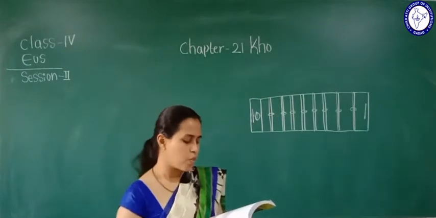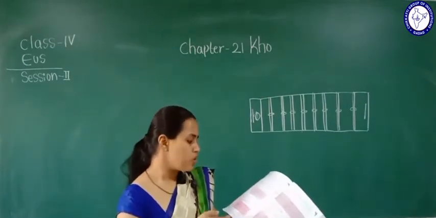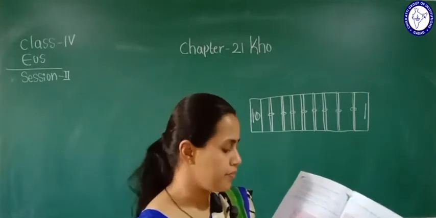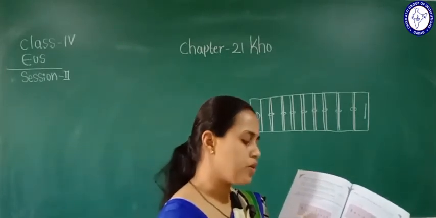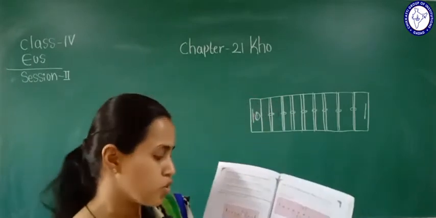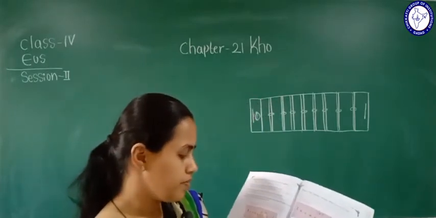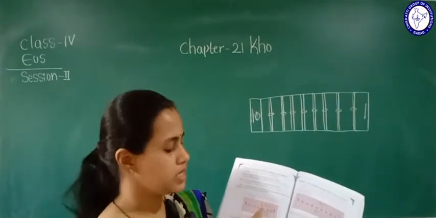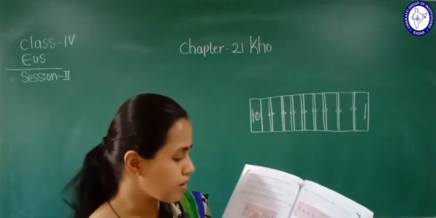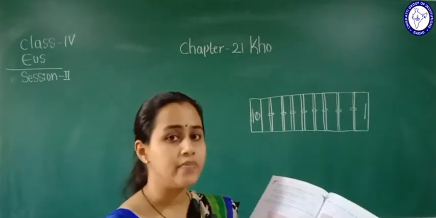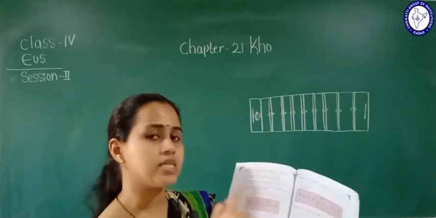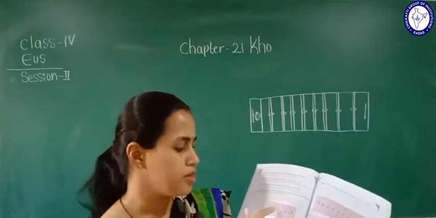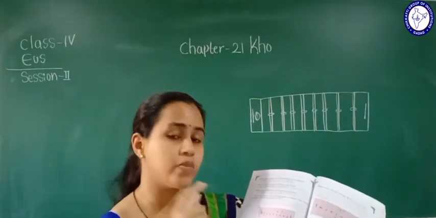So what is going on in this picture? There are 8 members, the red and blue team. The red team has sat here. From the red team one player is running, and from the blue team there is only one person whom the red team has to catch. He can go from anywhere on the blue team.